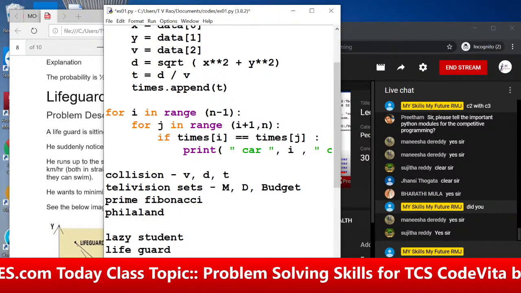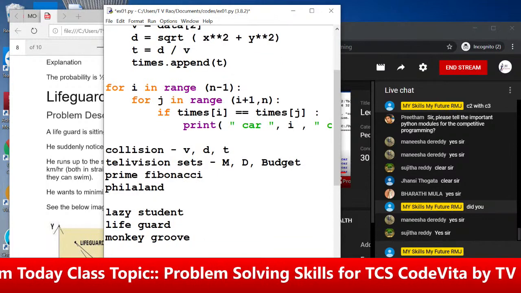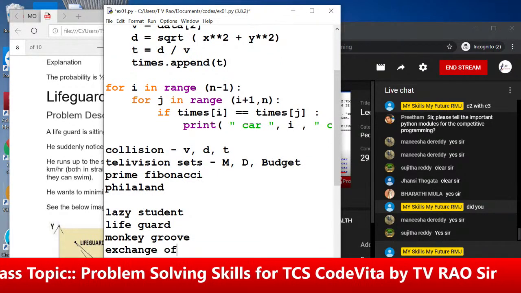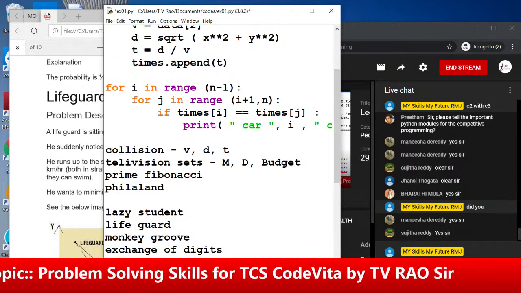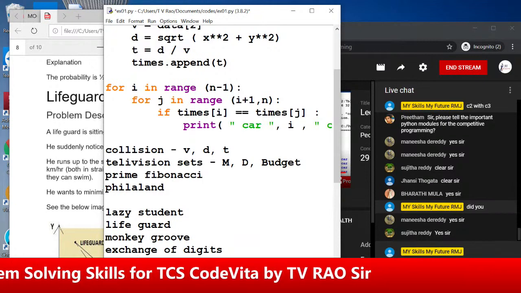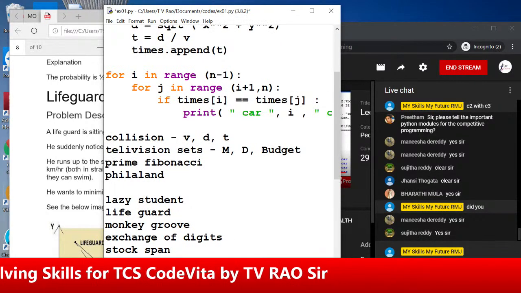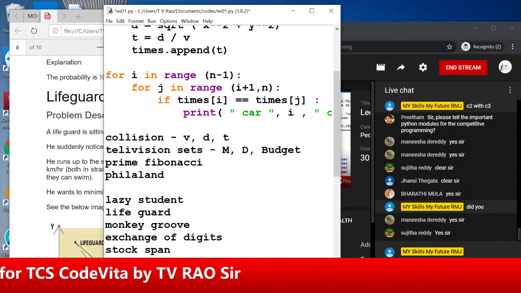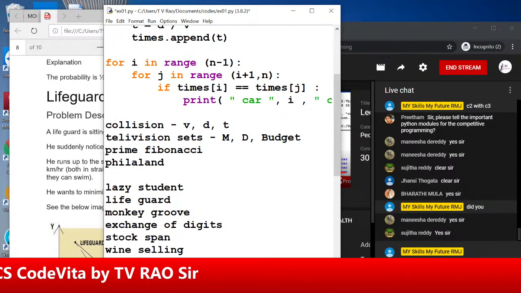We will also do the exchange of digits problem. We also solve stock span. We also solve wine selling. We also solve dropping, bursting balloons.